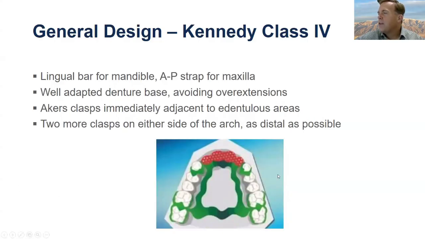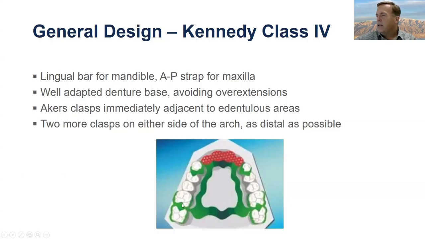So class 4, this is kind of what I was talking about before. Technically, if we only want to do a class 4, we wouldn't do double Akers here. We just do an Akers and then another Akers clasp here. Or you could do an I-bar, but a lot of times with this, your I-bar would be coming from the mesial, so it might not be as esthetic.